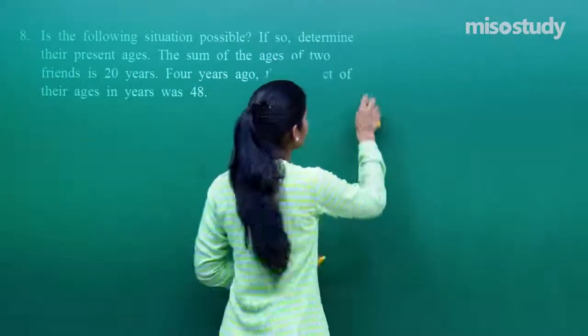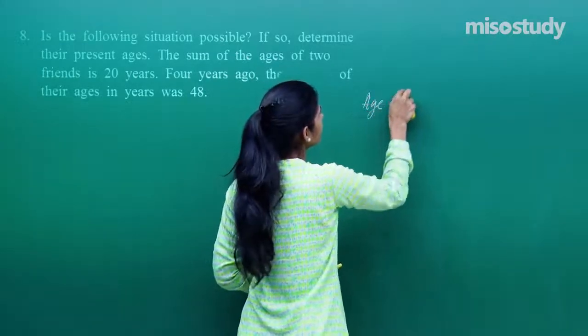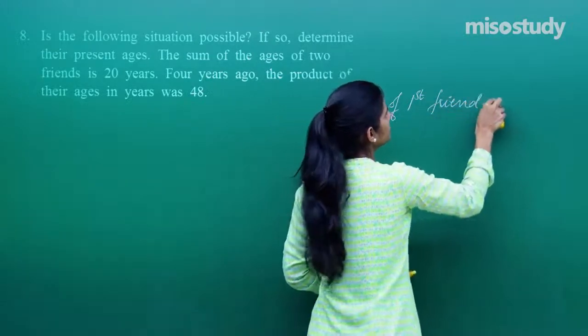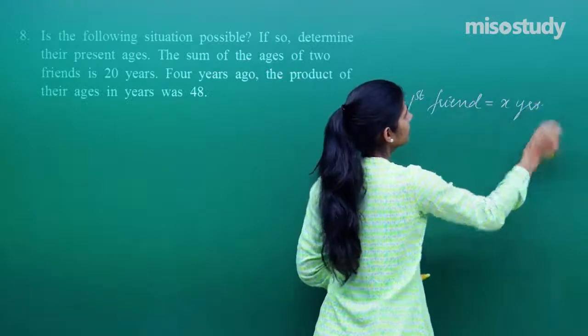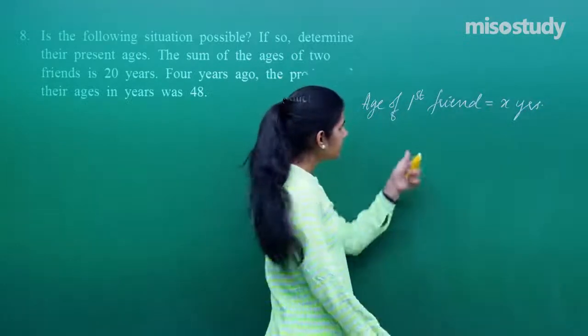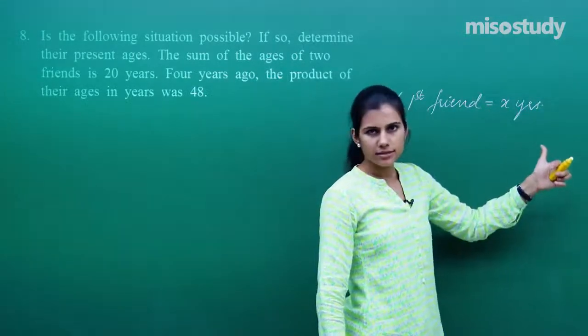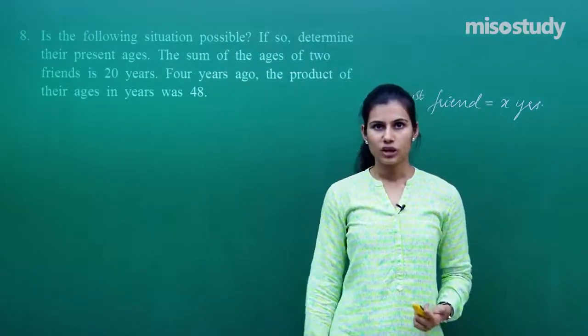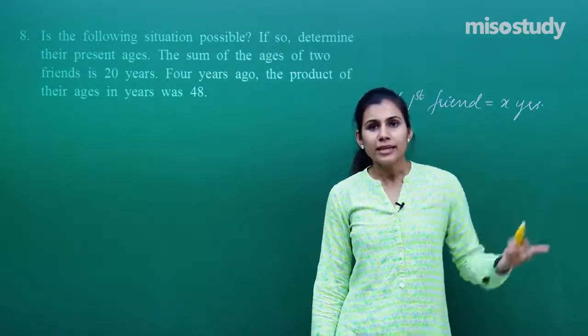So suppose the age of the first friend is x years, then obviously his age plus the age of the second friend is 20 years. So the age of the second friend will have to be 20 minus x.